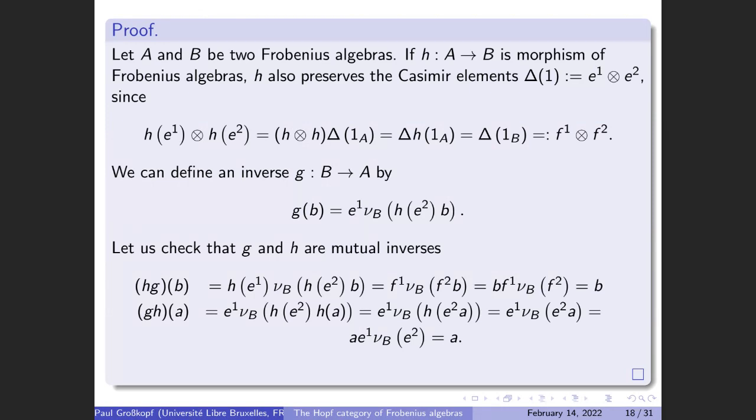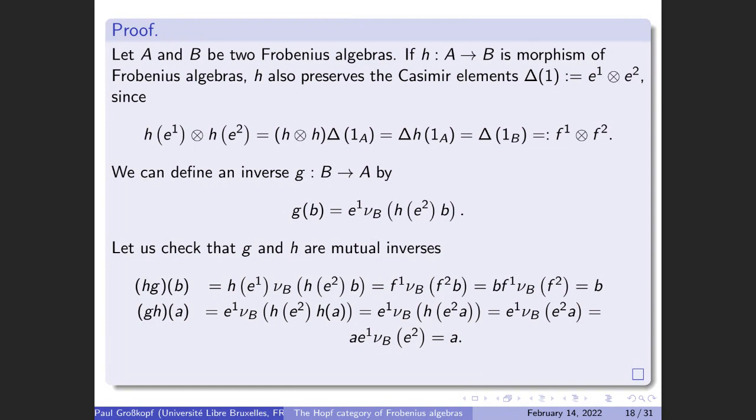The key element here is the Casimir element, which is just if I apply the co-multiplication on my unit, I get, in Sweedler notation, some element E1 tensor E2. And if I have a morphism of Frobenius algebras, then it preserves these Casimir elements.